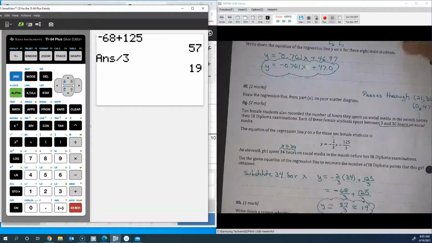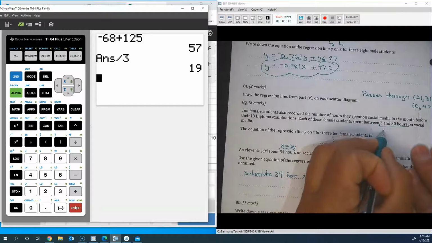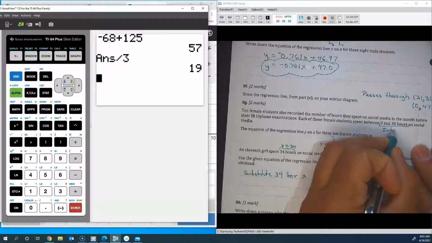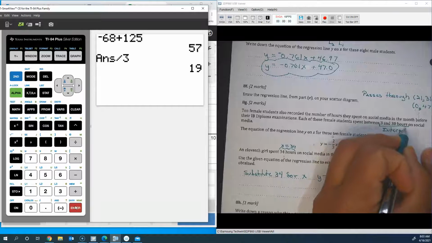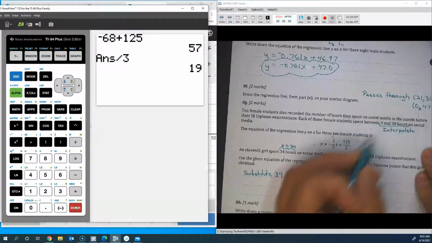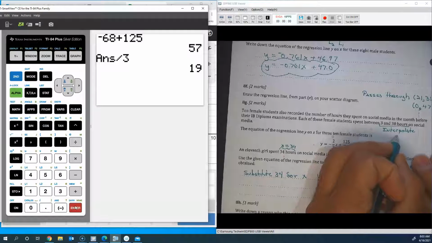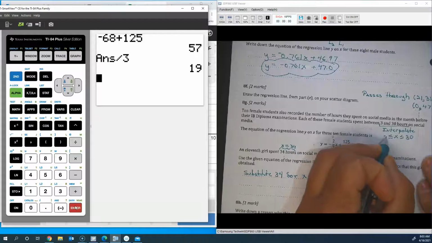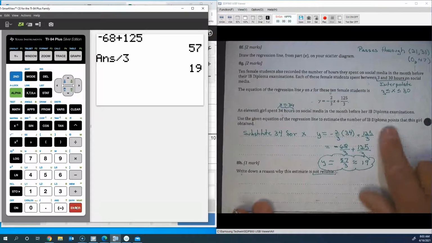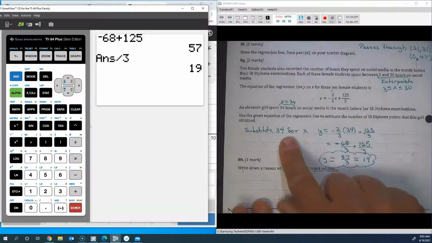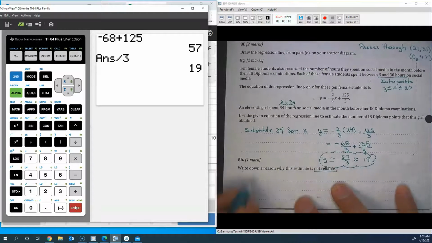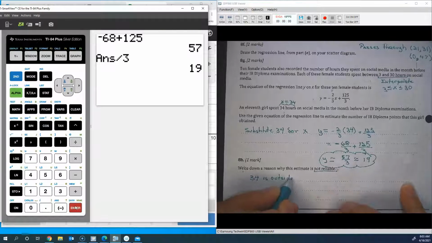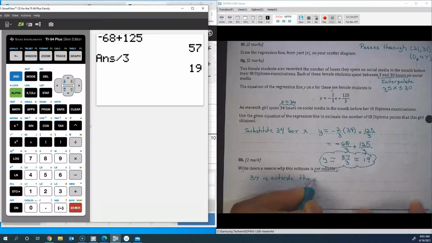Anything between 3 and 30 hours would allow you to interpolate, any x values between 3 and 30. What we used was 34, so 34 is outside the domain of the data.